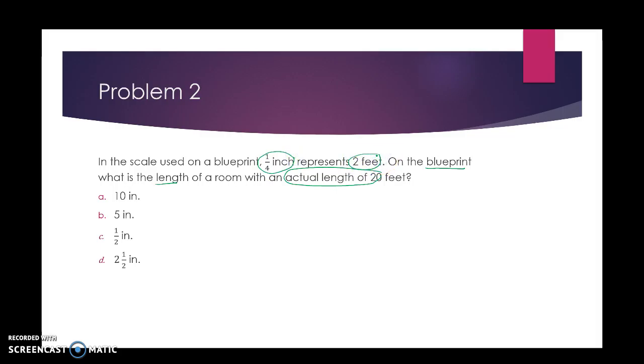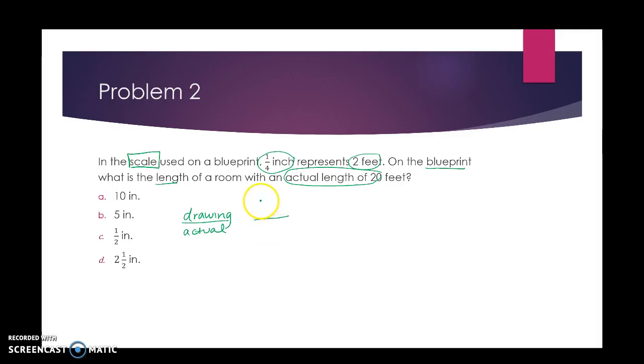So knowing that this is a scale drawing problem, it says scale, we know we have to set up a proportion. And we always do drawing over actual. So I always put the scale on the left and then the given dimensions on the right side of the proportion.